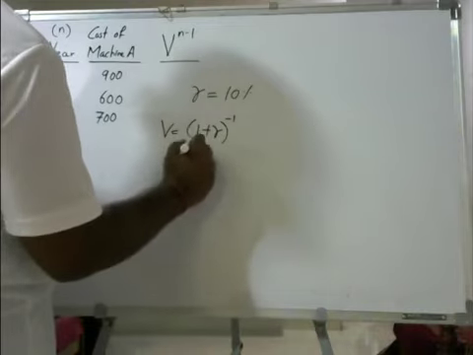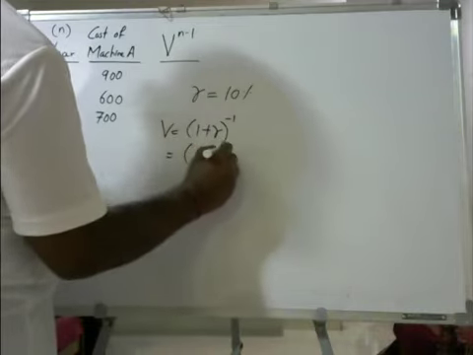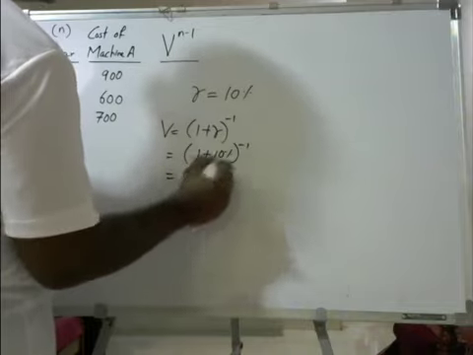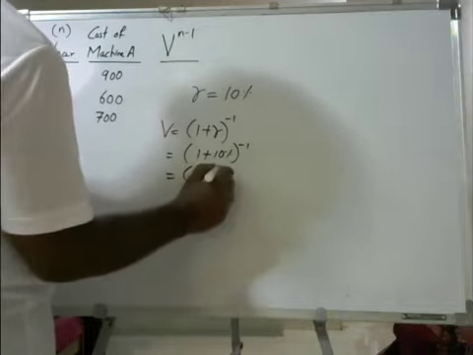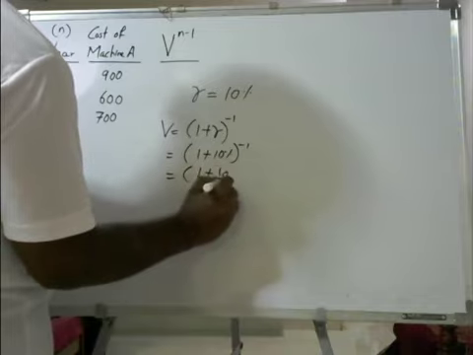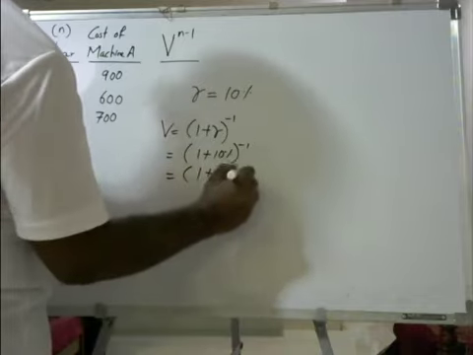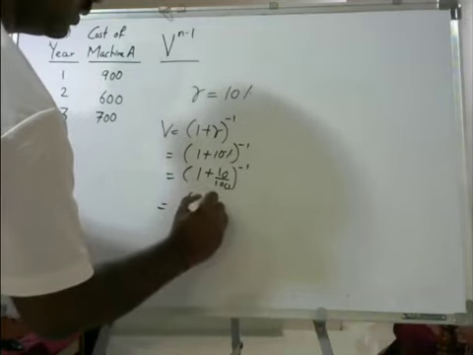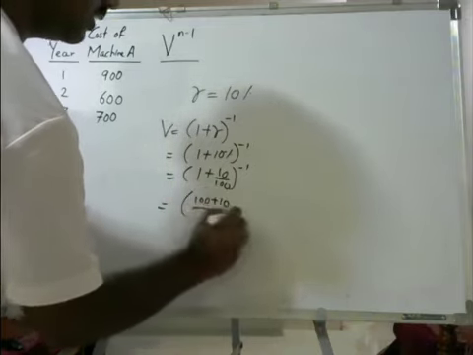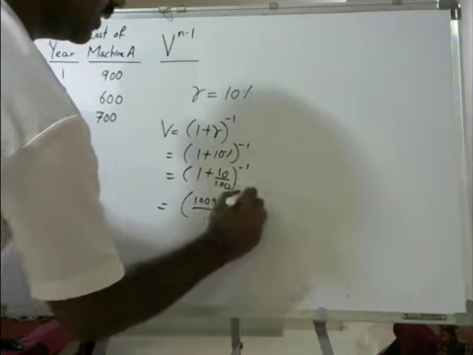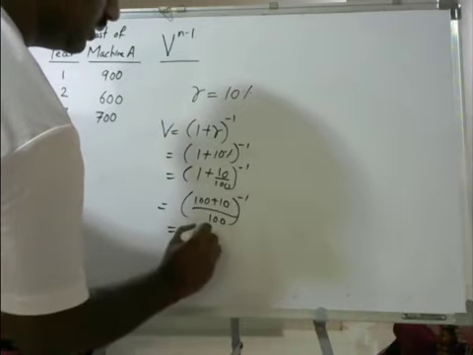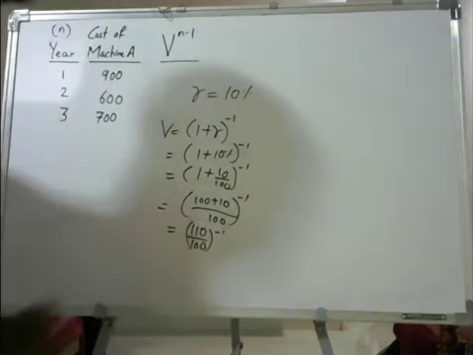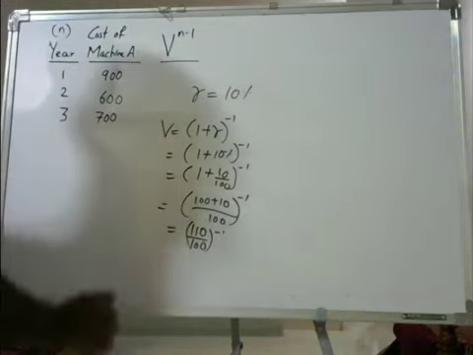So R is 10%, (1 plus 10%) raised to minus 1. If I convert 10% into fractions, it is (100 plus 10) divided by 100 raised to minus 1, that is 110 divided by 100 raised to minus 1.